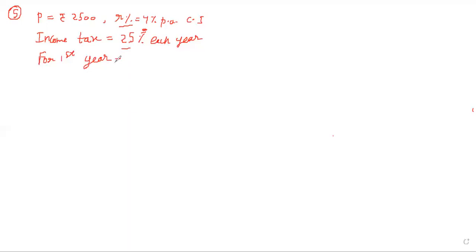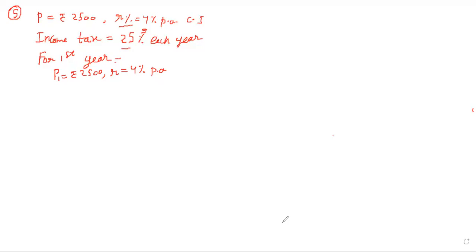For the first year, principal is rupees 2,500. We have to calculate the amount at the end of the third year which he receives. Rate of interest is 4%.